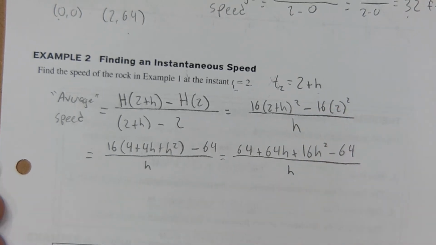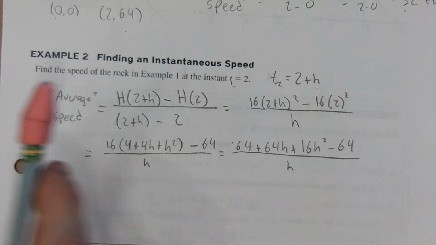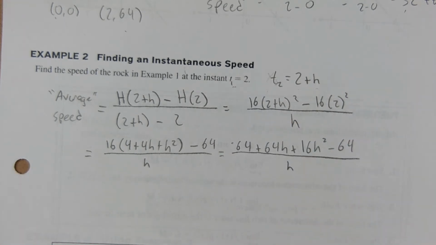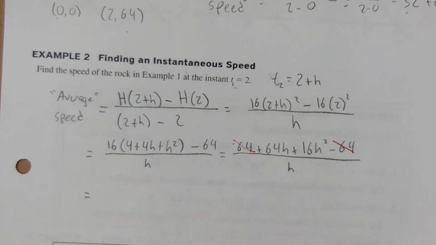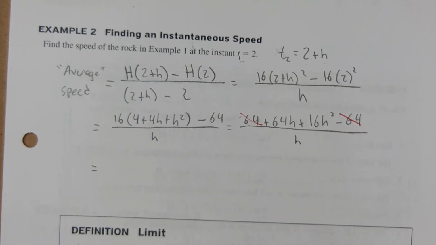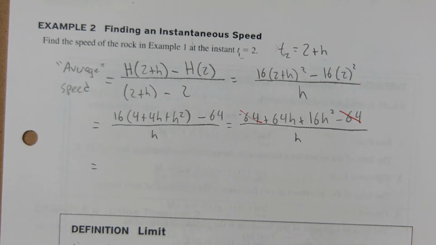Now we can combine our like terms. Check it out. These two 64s cancel out. So what's left here is 64h plus 16h squared. Well, that factors. I'm just going to pull the h out.